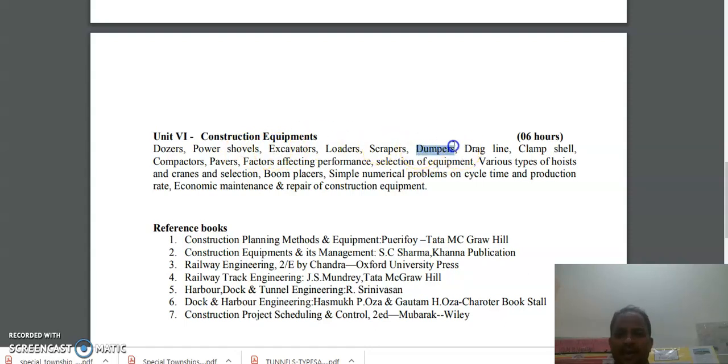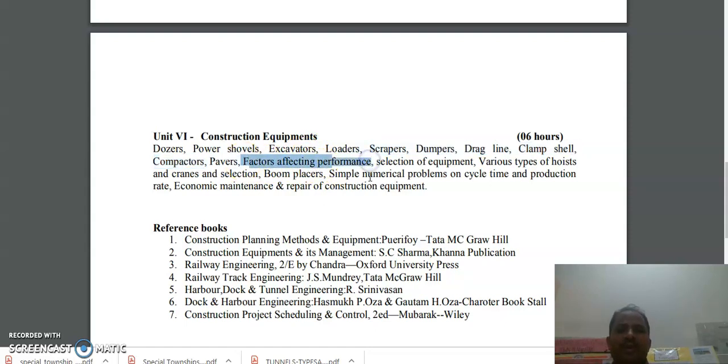Dumpers are used for carrying material from one place to another place. Even drag line will carry material for longer distances like dredging activity in the river. Clamshell, compactors like vibratory rollers, sheep foot rollers, pavers, factors affecting performance.